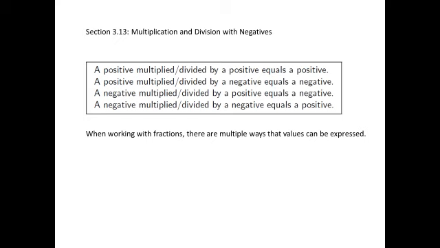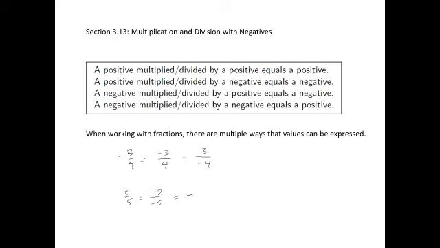When working with fractions, there are multiple ways that values can be expressed. For example, negative 3/4 is the same thing as negative 3 over 4, which is also the same thing as 3 over negative 4. Similarly, positive 2/5 is the same thing as negative 2 over negative 5.